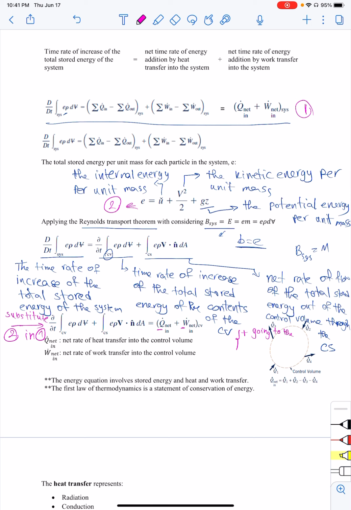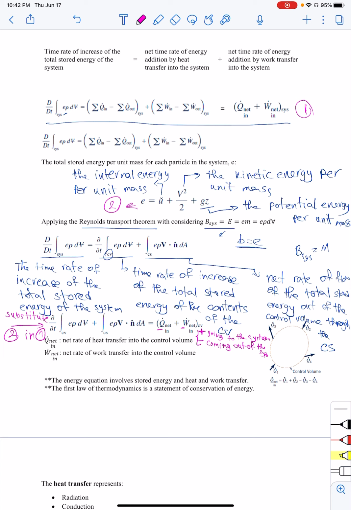Let's write it down here. Positive going into the system and negative coming out of the system, right?